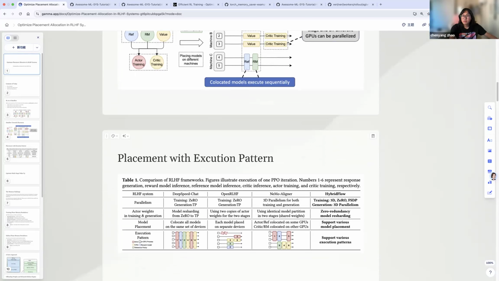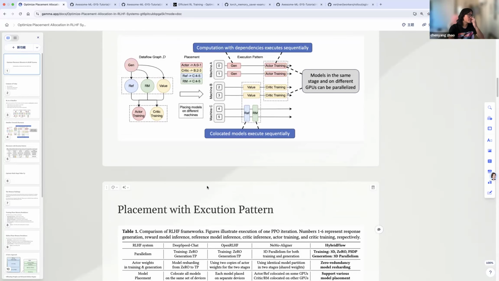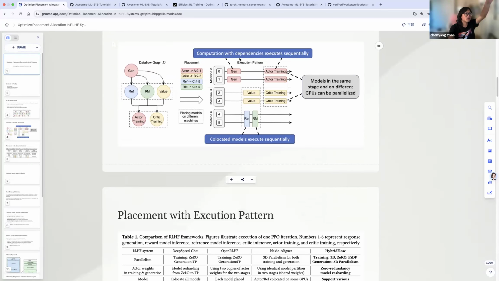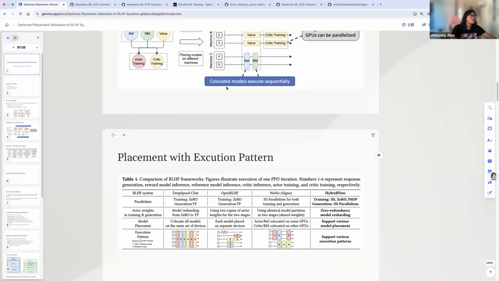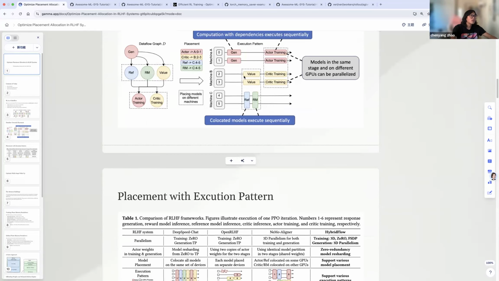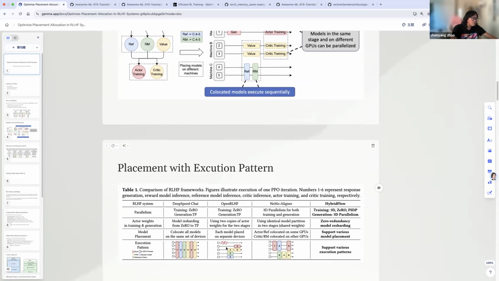Here we have three stages, right? This line is the sampling stage, this line is the making experience stage, and the final line is the training stage, and we are looping across the three stages. The problem is that if we disaggregate the rolling out and the training, it seems like a lot of the GPU computing time is being wasted.